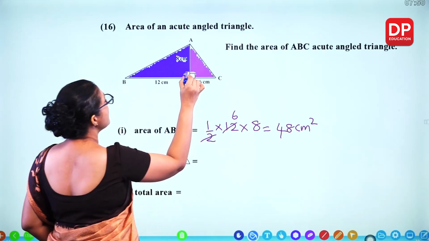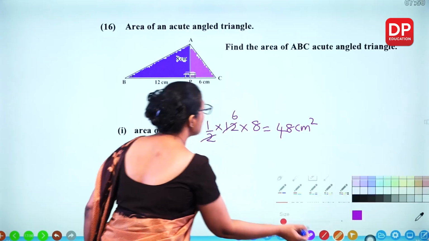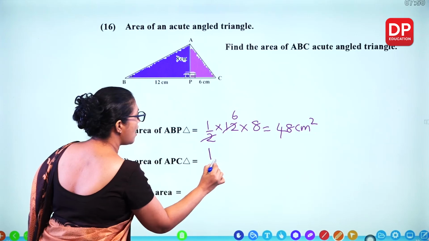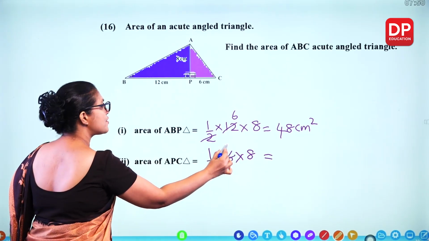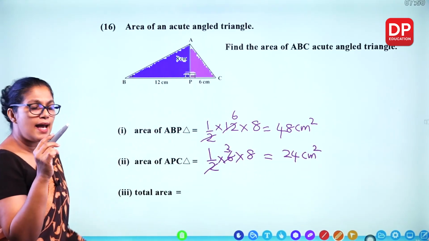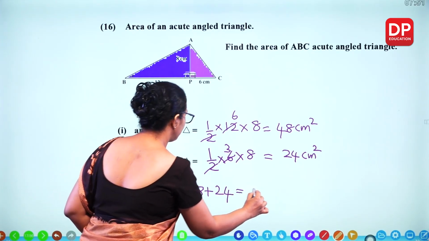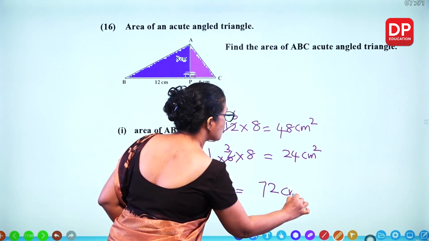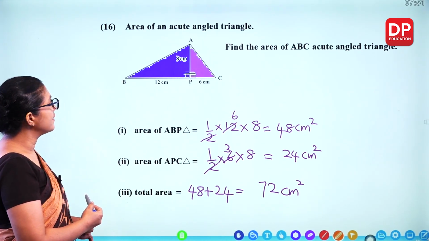How do we find that area? Half times, now the base is 6 and the perpendicular height is 8. Half times 6 into 8. 2 times 3, 3 times 8, 24. Now what's the total? The total is the addition. 48 plus 24. 72 square centimeters is the total area of triangle ABC.